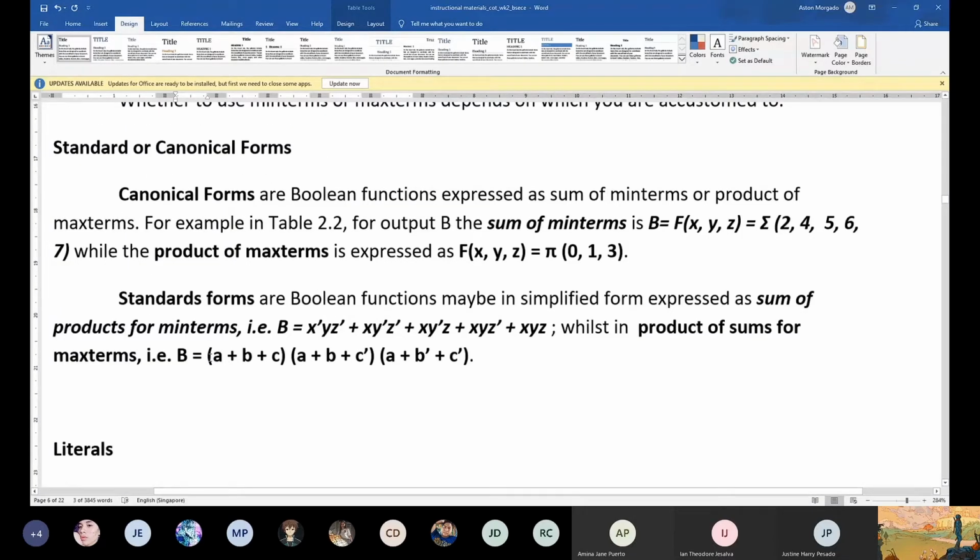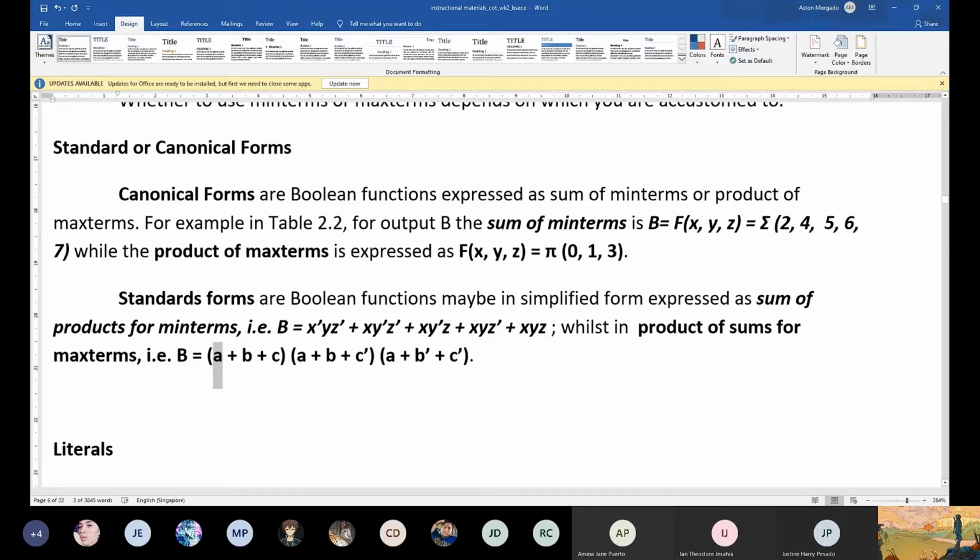Bakit naging a to? Dapat x, no? Okay. Palitan natin. So x plus y plus z. Tama ba? X plus y plus z prime and x plus y prime plus z prime. Tama ba, class?